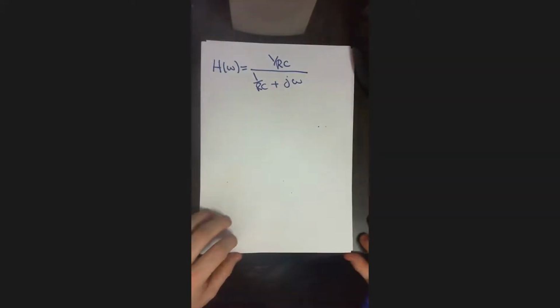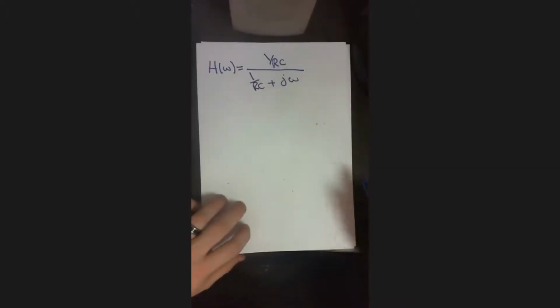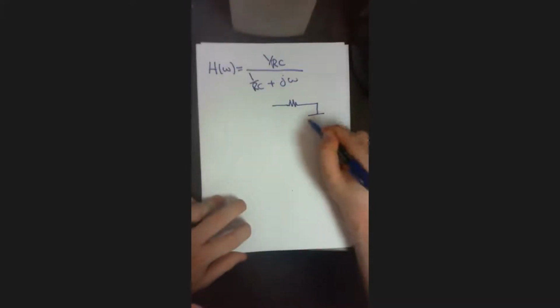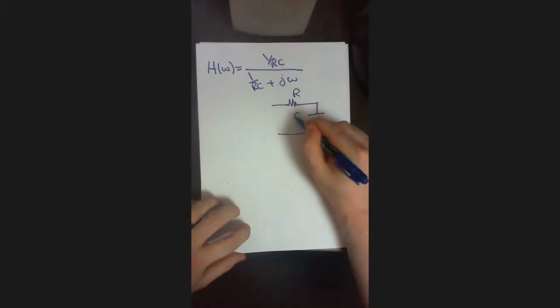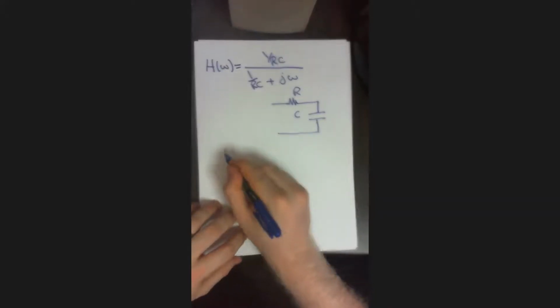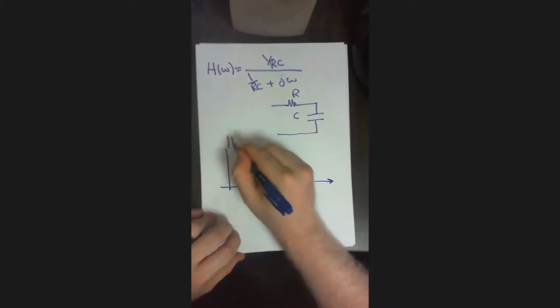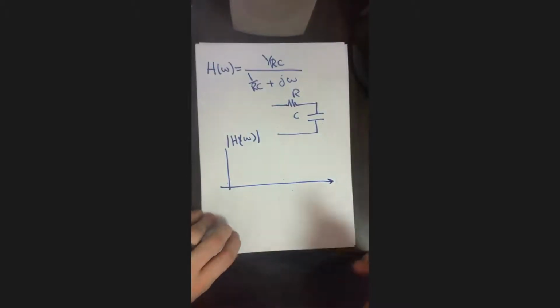If you have a good memory, you will recognize that this is simply the first example we solved together when we had a resistance and a capacitor. And you remember that for this example, we plotted the absolute of h of omega, because this is a complex function, so we have to plot the absolute and the phase.